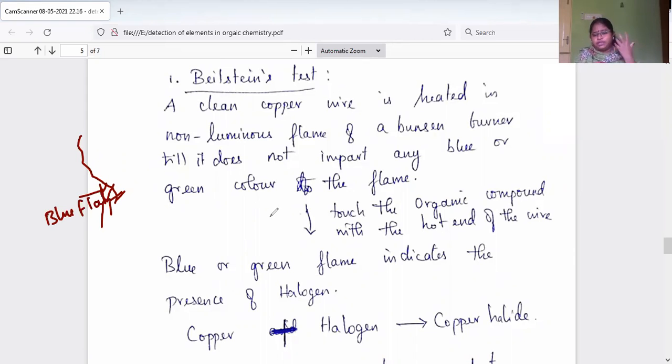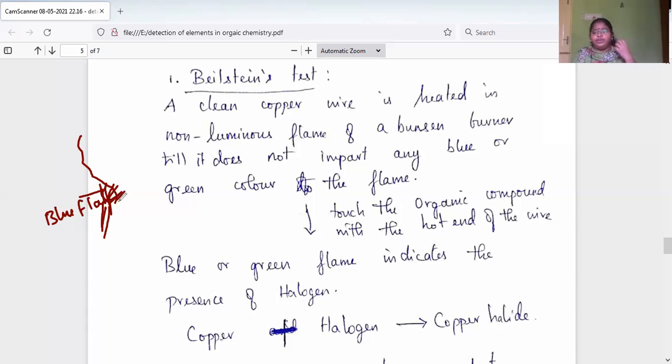That is where the temperature is high. So we heat the copper wire in the Bunsen burner, and the wire turns red hot.